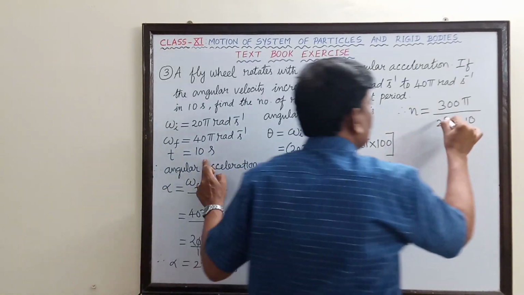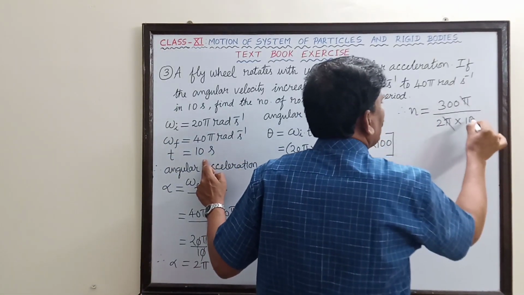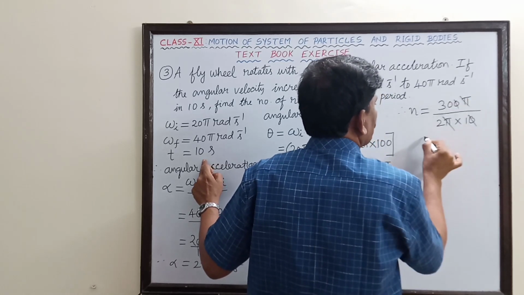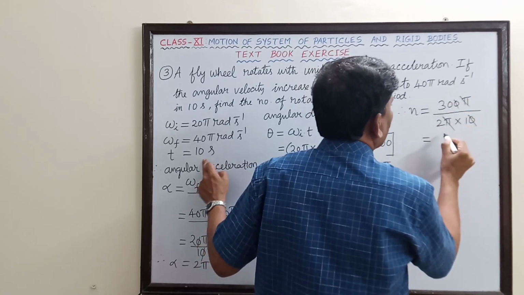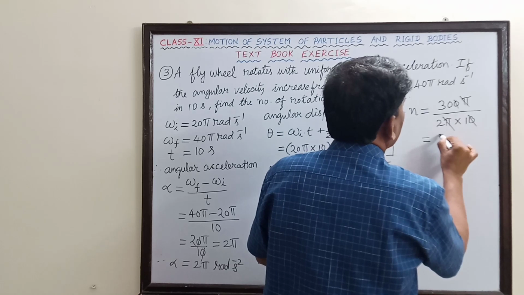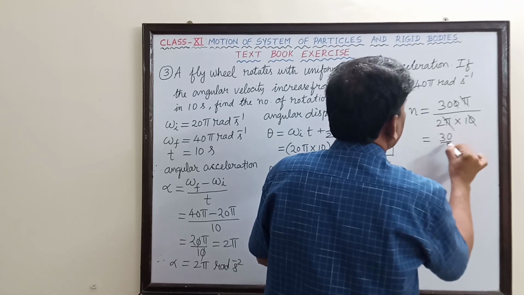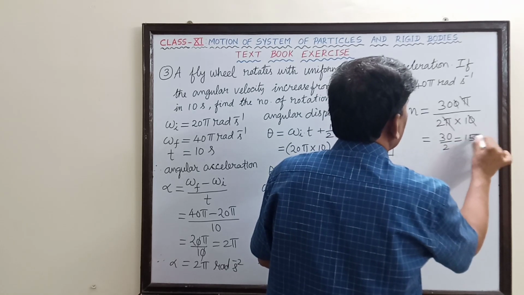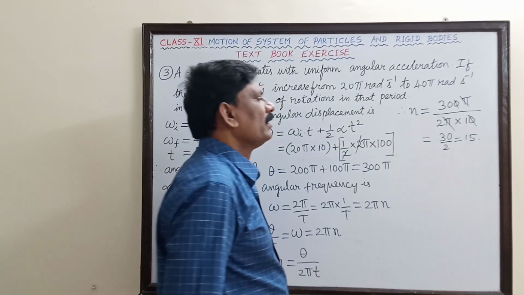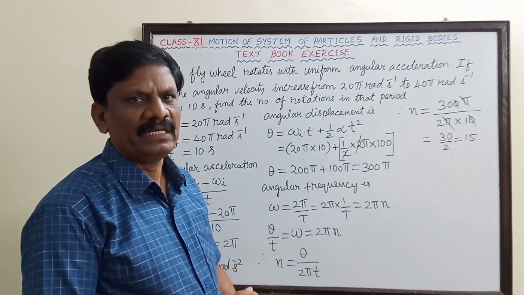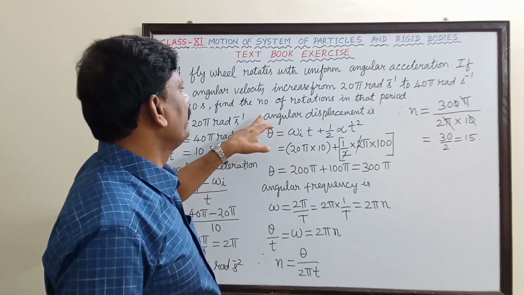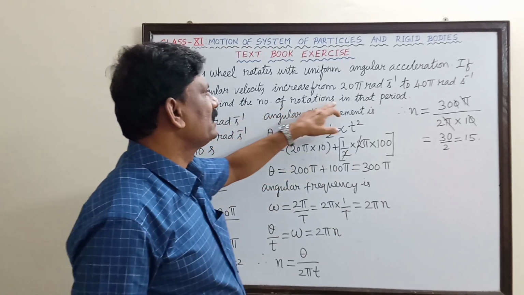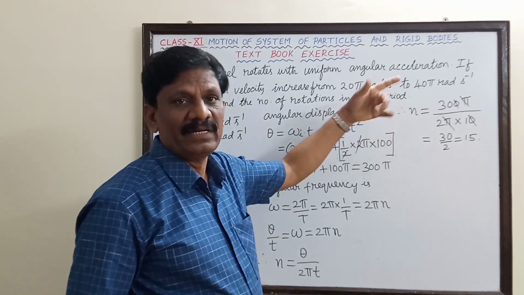So the pi term gets cancelled, and the zero gets cancelled. So this is equal to 30 divided by 2, which is 15. n is equal to 15. This is what actually finds the number of rotations.